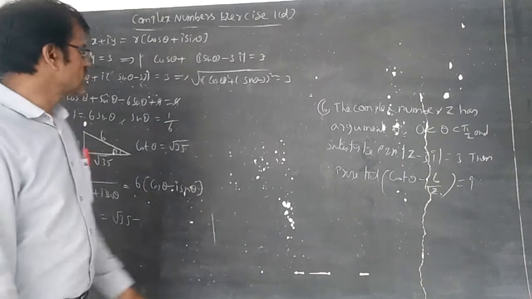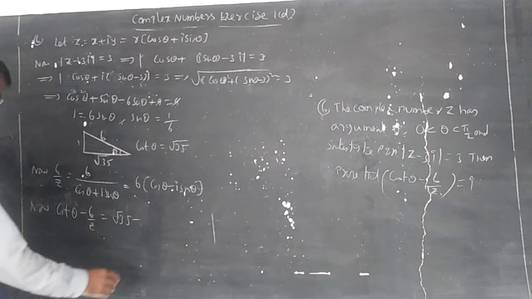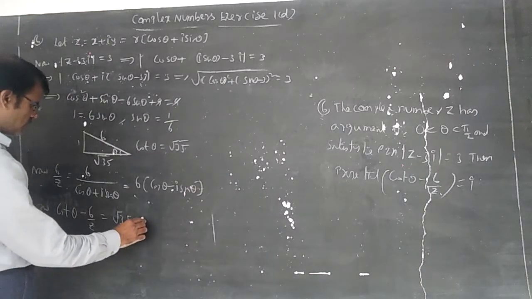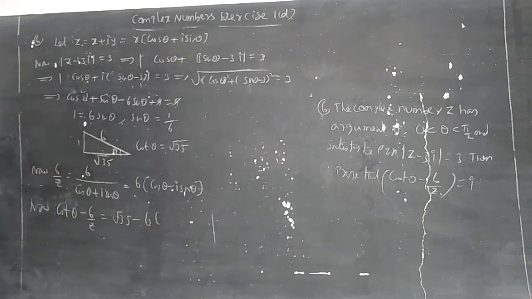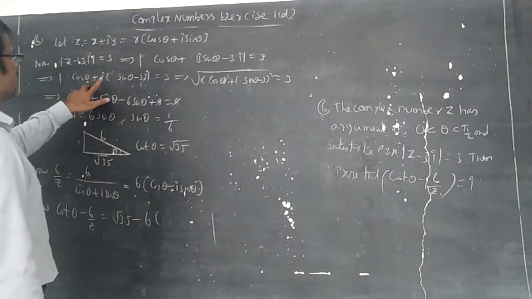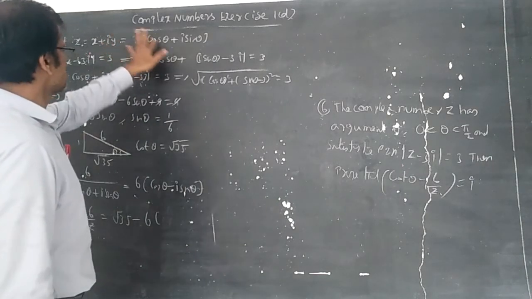Modulus of z minus 3i is equal to 3. Here it is okay. 6 by z we got 6 into, let us consider and prove that cot theta minus 6 by z is equal to I. Mod z minus 3i is equal to 3. It is correct. Z means cos theta plus I sin theta.